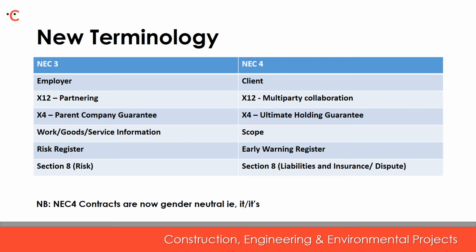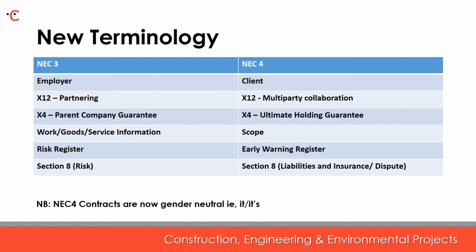The current term used by NEC3 of risk register has now been renamed early warning register under NEC4. In so doing, NEC acknowledged that this will help users to distinguish this from the project risk register, which is used very often for wider project management purposes.